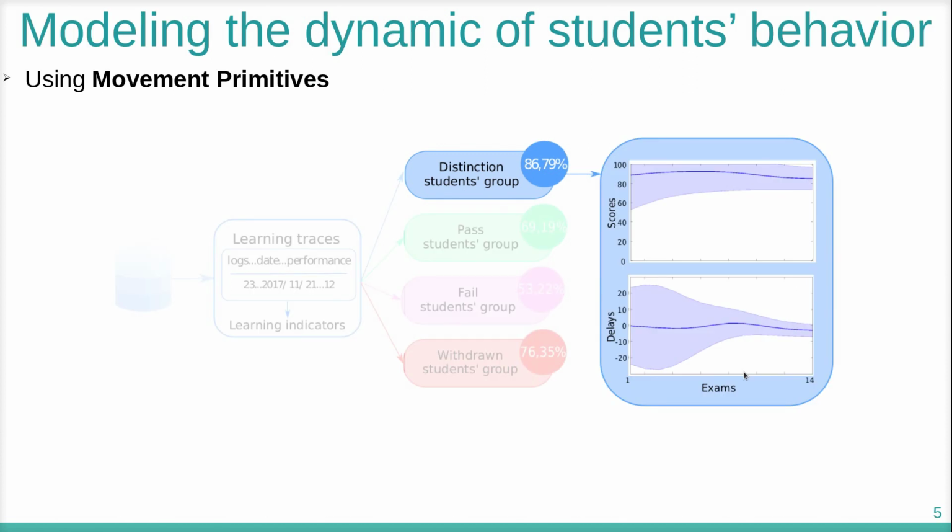And from these trajectories, we have a group of trajectories for a group of students, and we want to represent the distribution over these trajectories.